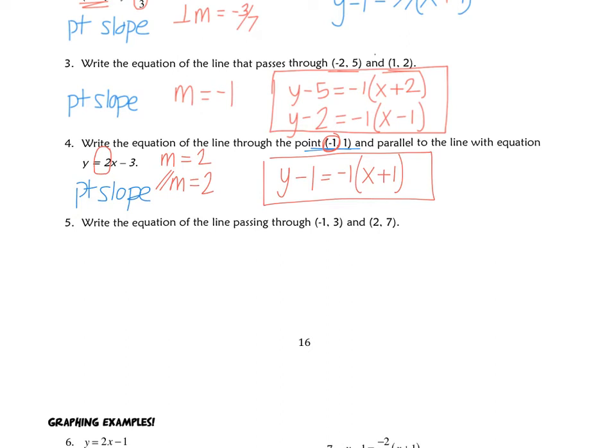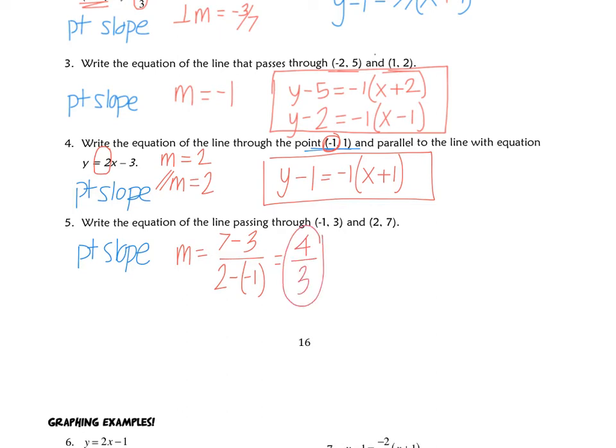Okay. Last equation, 2 points. Again, I know that would be point slope. My slope is y2 minus y1 over x2 minus x1. Notice that you're subtracting a negative. So you should get 4/3 as your slope.